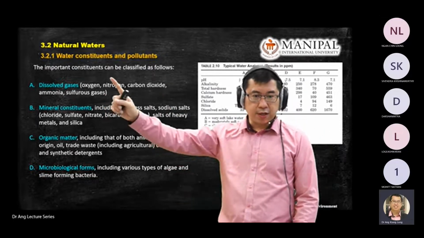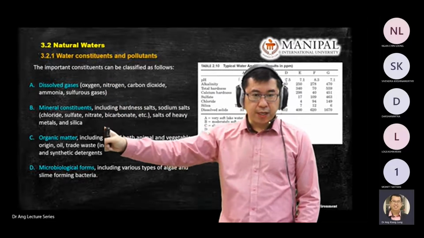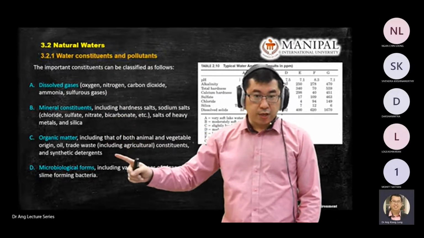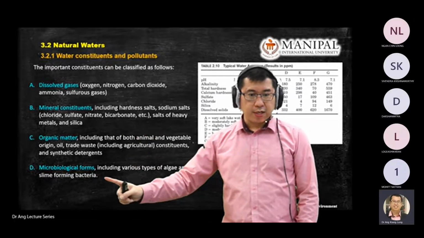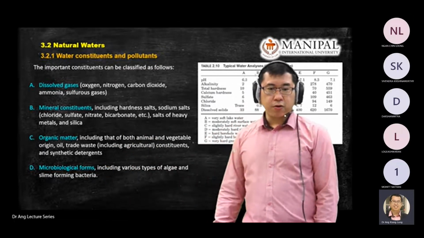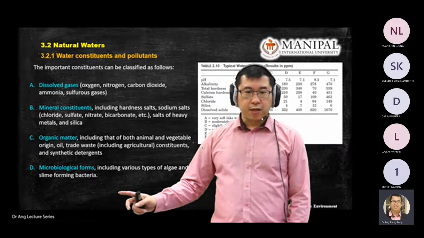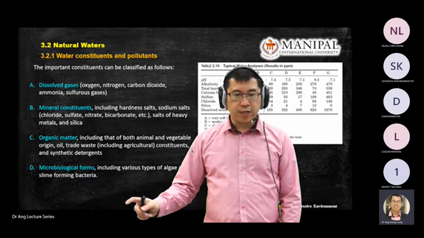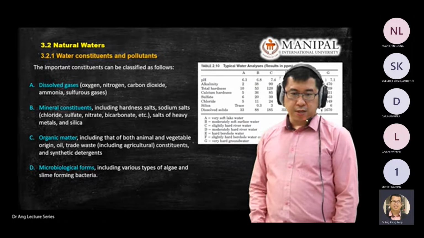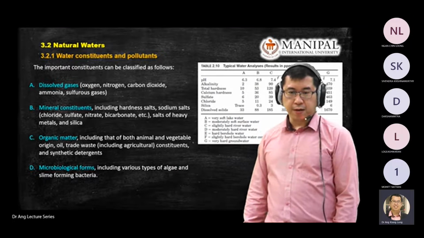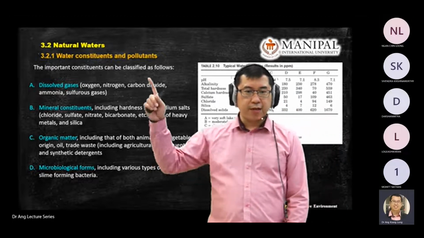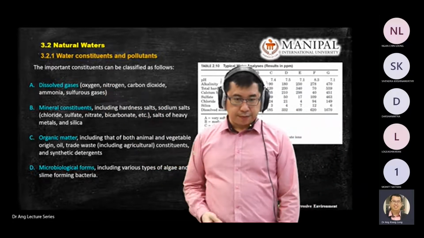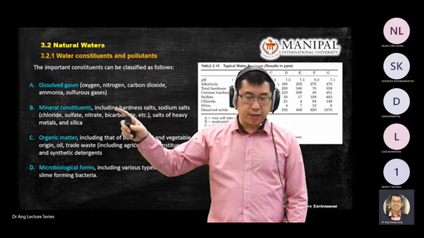One is gases, second is minerals, third is organic matter, and the fourth is more on the microbiological form, in other words bacteria or single-celled algae or something.